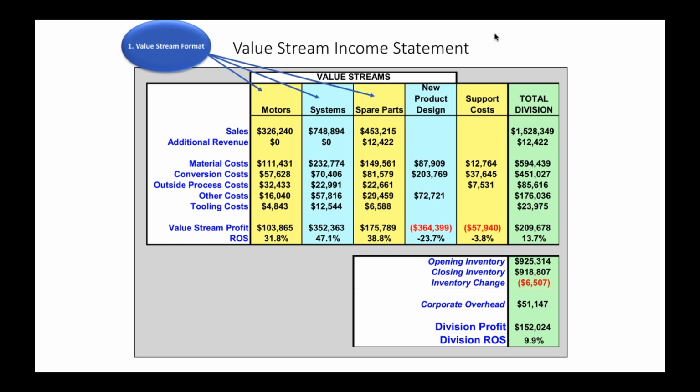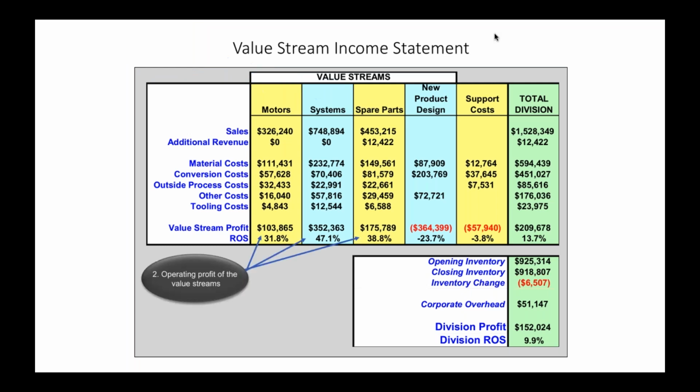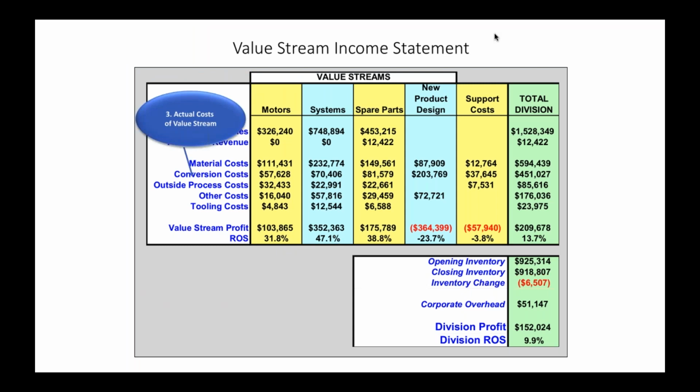In this case, we have three: motors, systems, spare parts. The value stream profit line is really the operating profit of the value stream, based on the actual revenue that we incurred and the actual costs of the value stream. Operational people, by the way, love value stream income statements. It makes sense to them on day one.